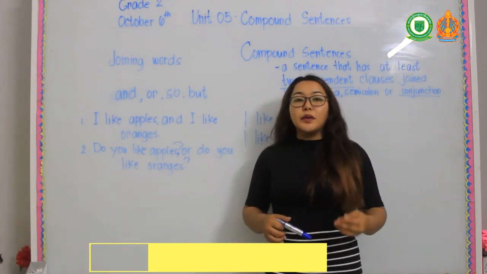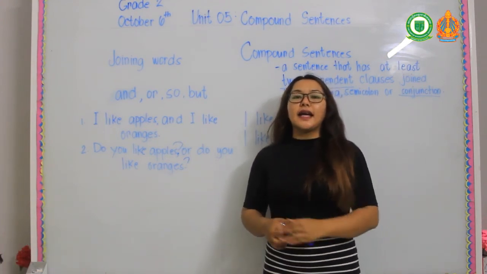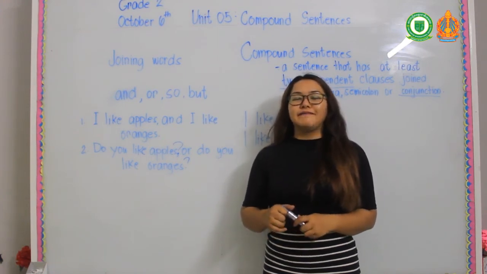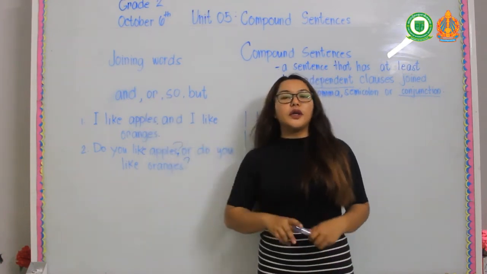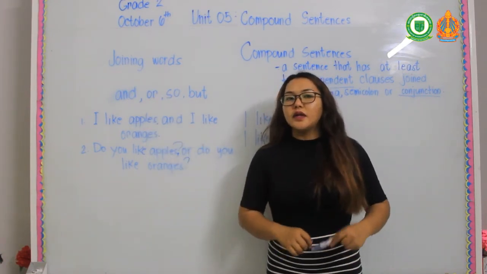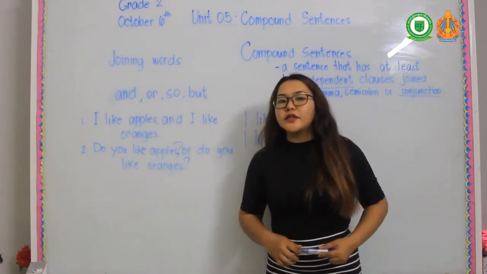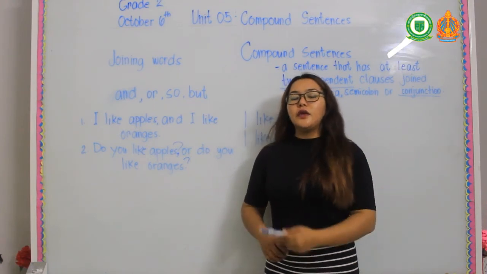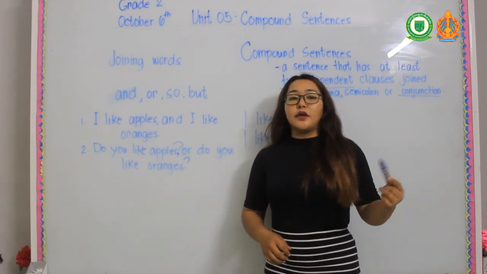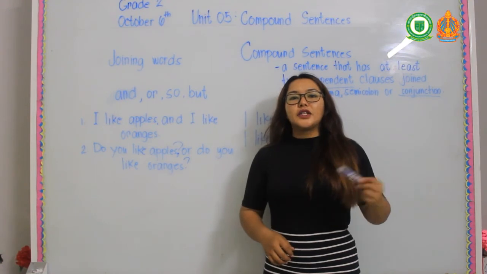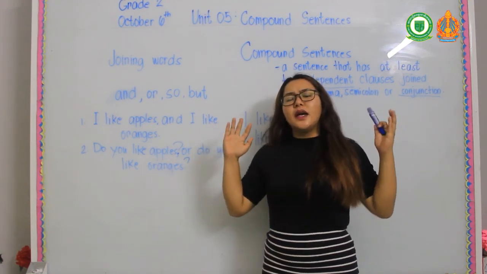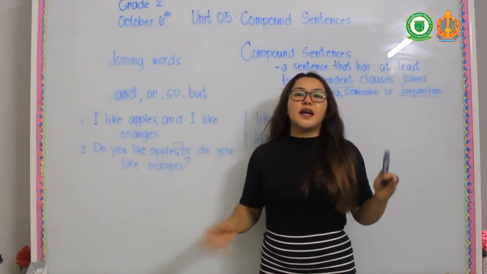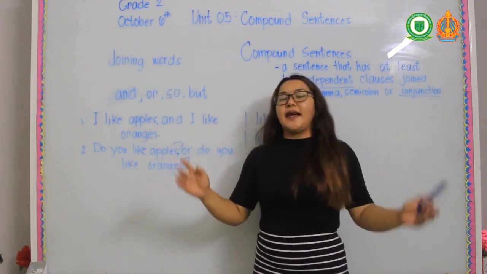These joining words are very common, very helpful, very useful. So it's good if you use them whenever you make sentences as well. Try to make compound sentences, especially if you want to say two different things at the same time or the same things at the same time.